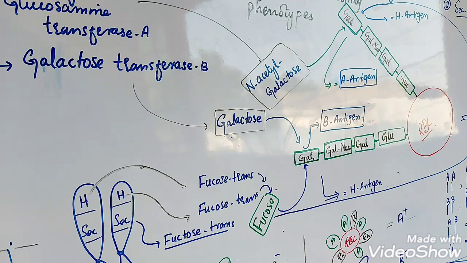Fucose transferase is absent. Fucose is not getting added into the oligosaccharide. Oligosaccharides are not getting converted into H antigen. So when there is no H antigen, then transferase A and transferase B will not be able to convert the H antigen into the A antigen or B antigen. So phenotypically the person will be O, but with respect to the I gene, genotypically the person will be either A or B or AB. Such a phenotype is called Bombay phenotype.